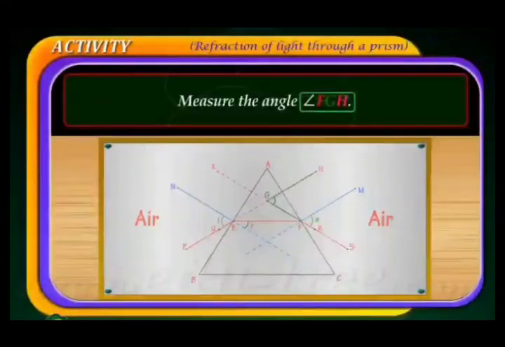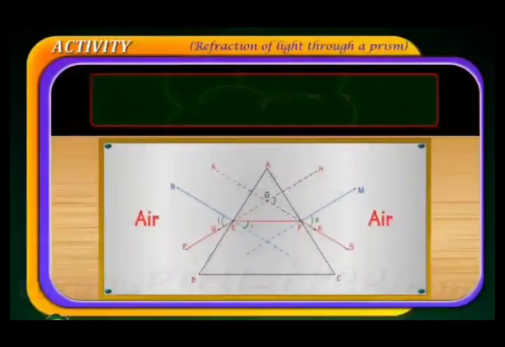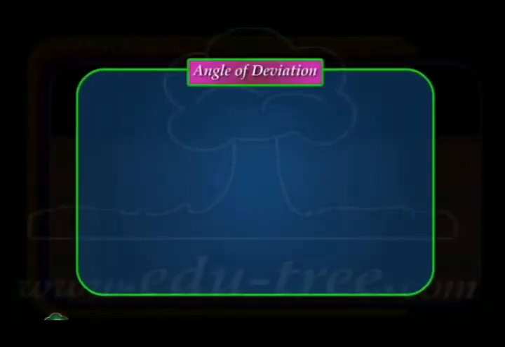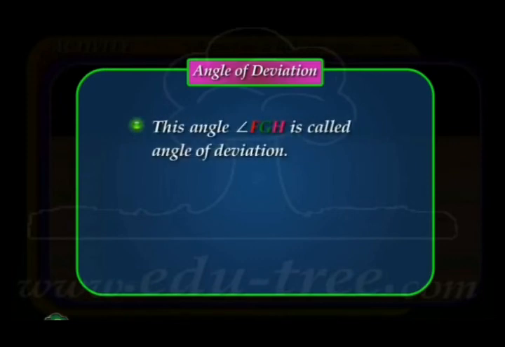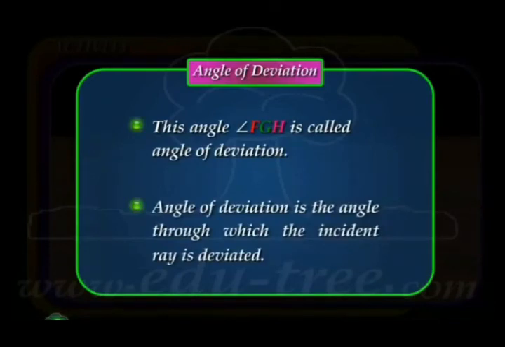Measuring the angle FGH, it is approximately 68 degrees. The angle FGH is called the angle of deviation. The angle of deviation is the angle through which the incident ray is deviated.